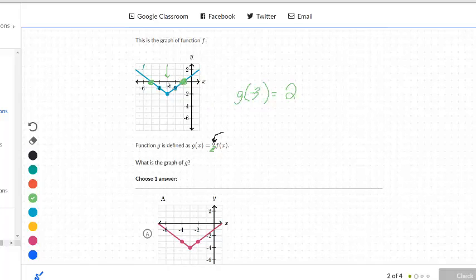So my original function at -3, follow it down, follow it over, is at an output value of -2. So I'm taking that point at -2, and I'm going to stretch it twice as far, which means instead of it being at -2, it's now going to be at -4, because I'm stretching it twice. 2 times -2, -4. So it's going to have a point down here at -4.